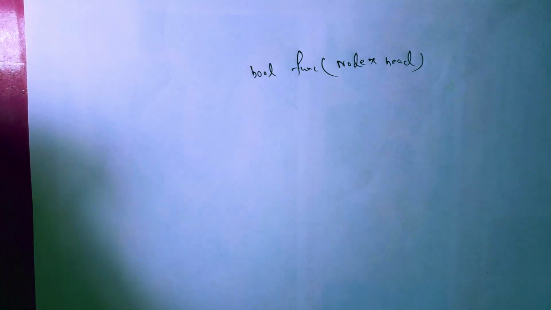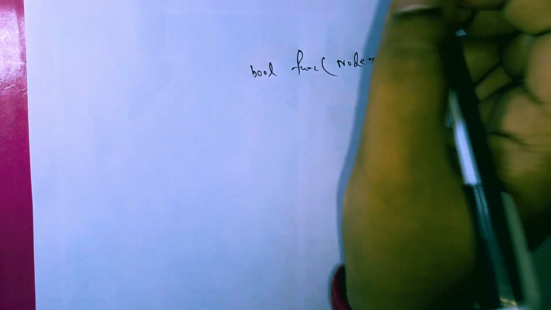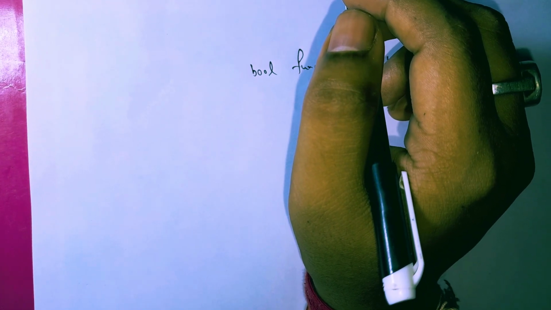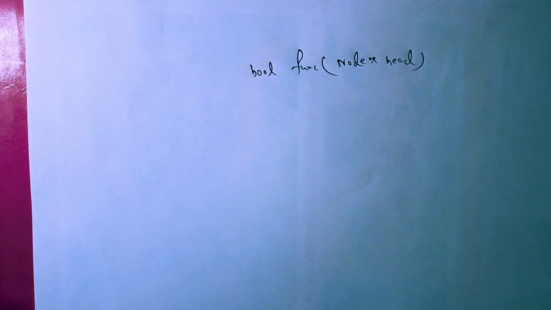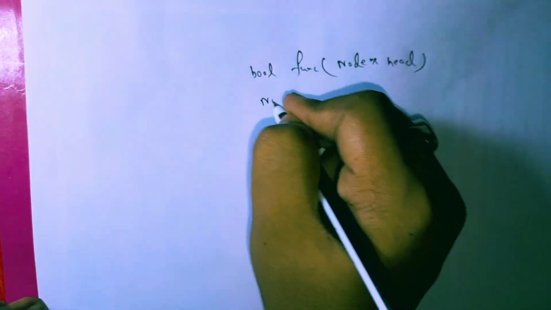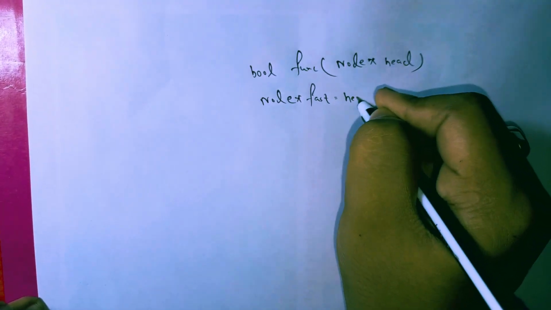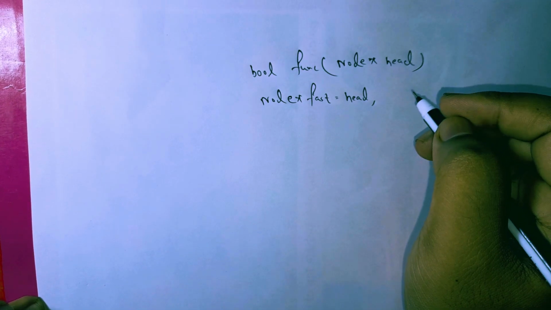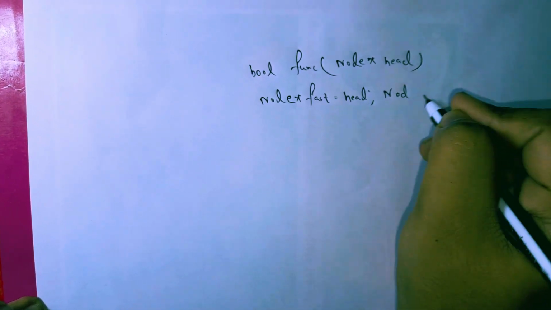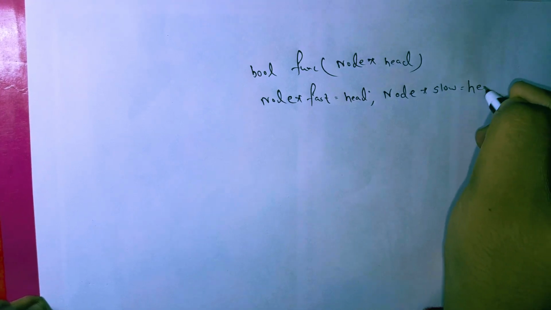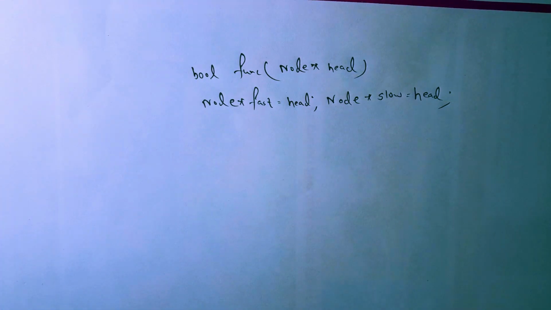I have already said that my fast and slow pointer will start from the very beginning of my linked list. So I will point my fast pointer at head, as well as my slow pointer at head. Hope it is clear.